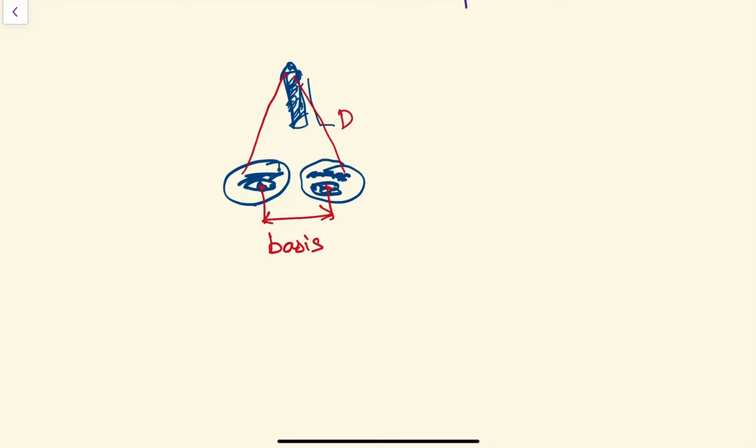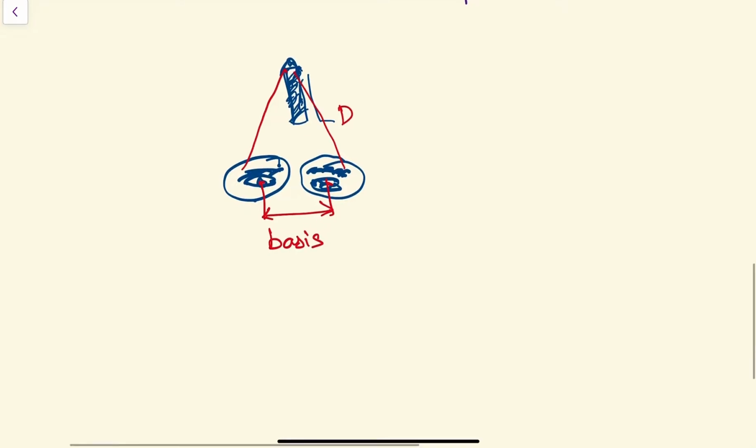The pencil position changes when observed with one eye, and at the same time when we close one eye and open the other eye, the position is observed to have changed. This phenomenon, this concept, is called parallax.